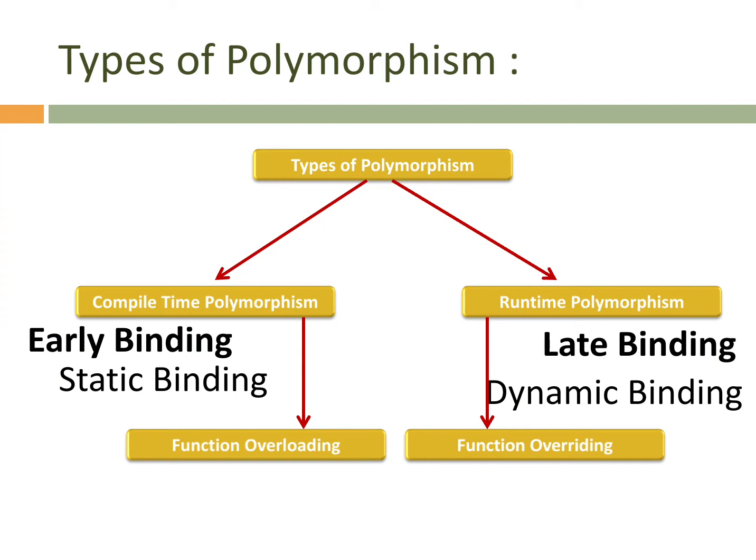All these things are checked at compile time, so that is compile time binding. Basically, in compile time polymorphism, it checks whether the same parameters exist or not, and whether exactly what we are trying to do is applied during compile time. That is compile time polymorphism, meaning early binding or static binding.